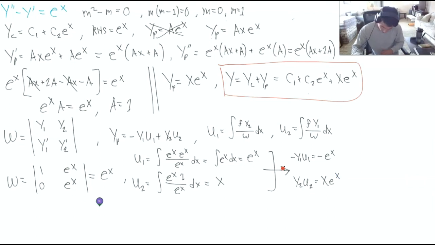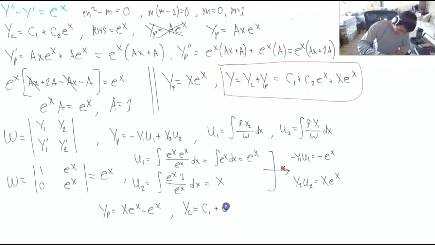So you see that yp is going to be x e to the x minus e to the x. Alright, and then you add this to yc, and you still have the same yc, which is c1 plus c2 e to the x. So when you add them together, yc plus yp, what do you get?